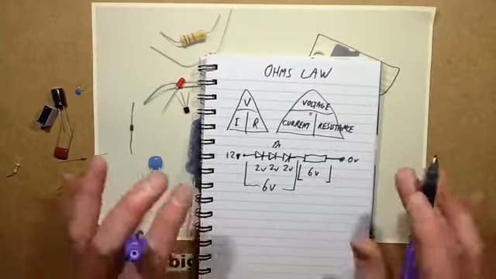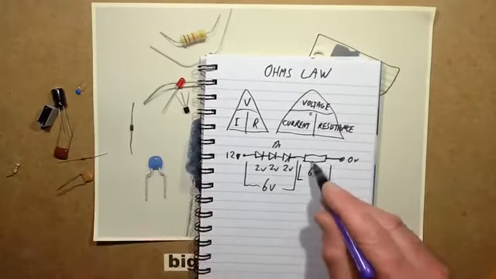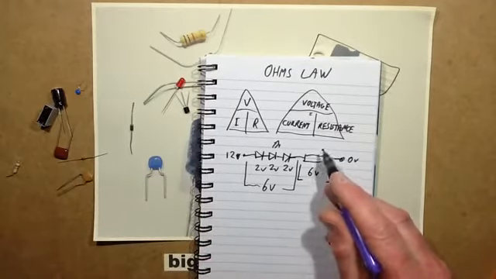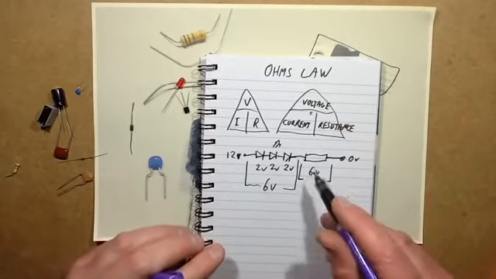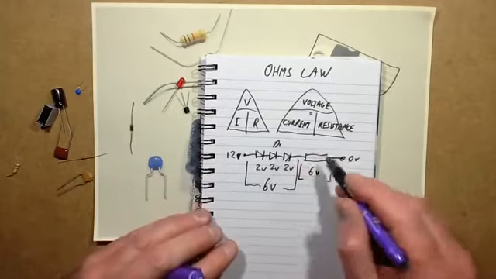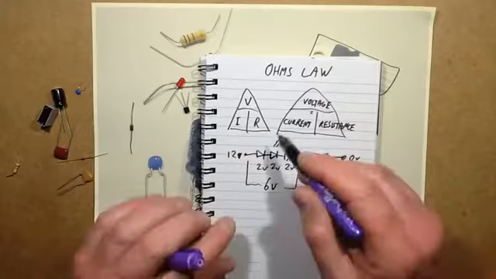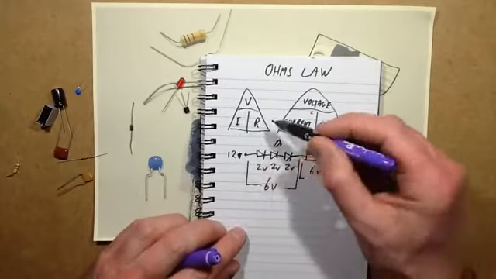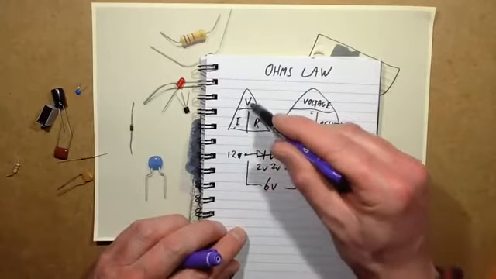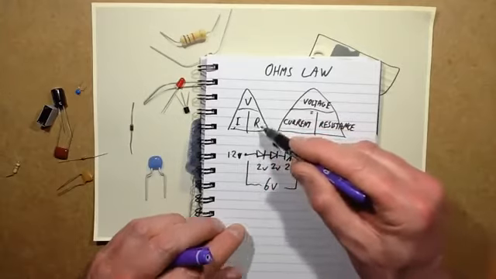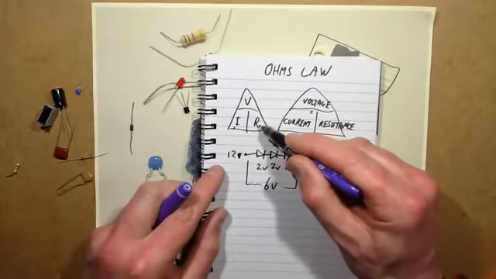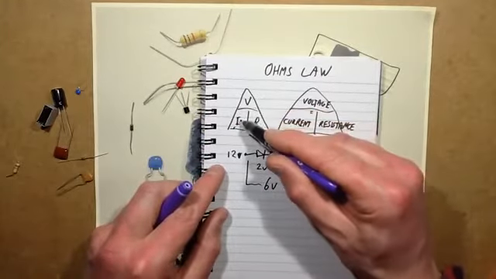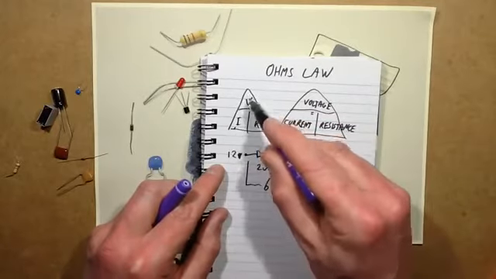So to work out the choice of the resistor value in ohms, R equals V over I. Oh, sorry, I should mention here, V equals IR, and the reason I've drawn a triangle is: voltage equals current times resistance, but if you want to reverse that formula, resistance equals voltage divided by current, and current equals voltage divided by resistance.